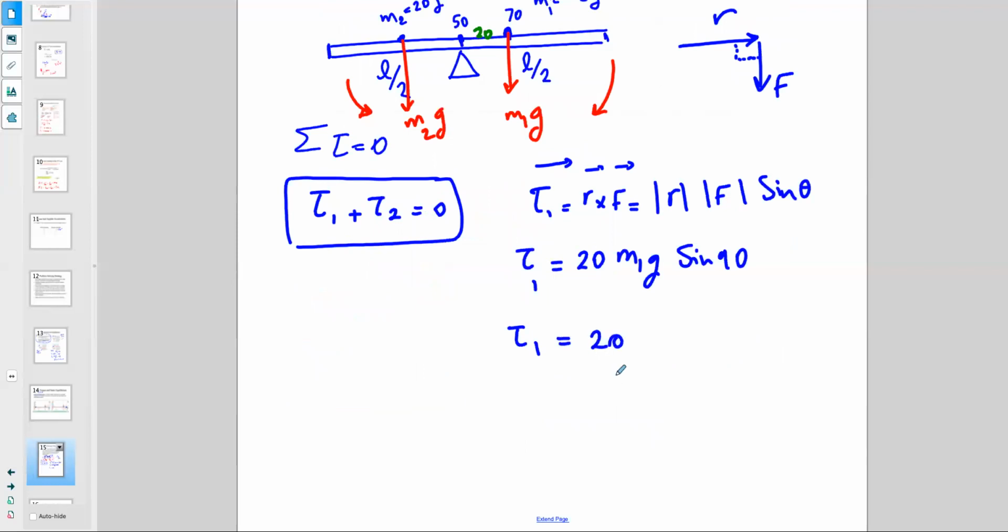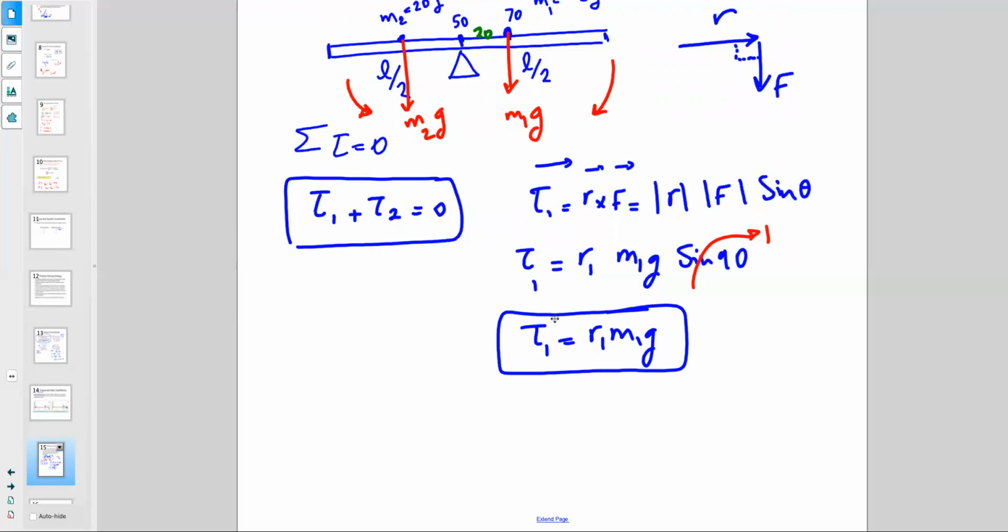Let me actually use R1 here, because I want to substitute the numbers later on. So I have R1 M1 g sine of 90. Sine of 90 degrees is just 1, so tau 1 is R1 M1 g.